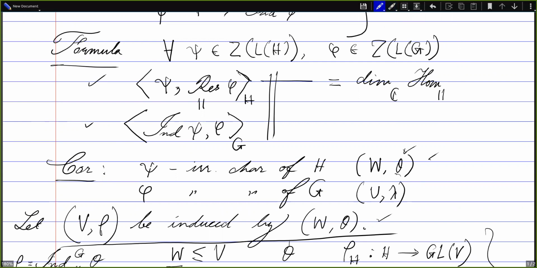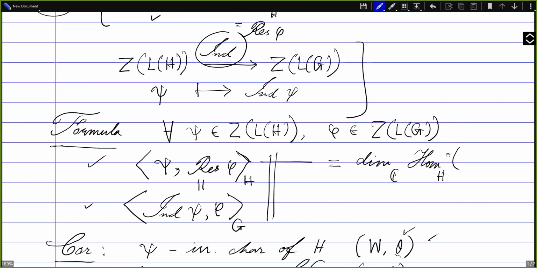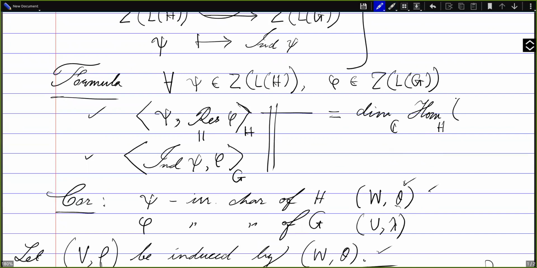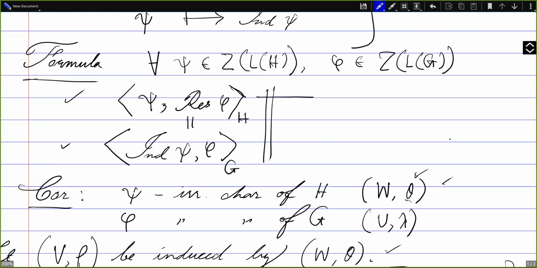So let me introduce the notation for the representations.